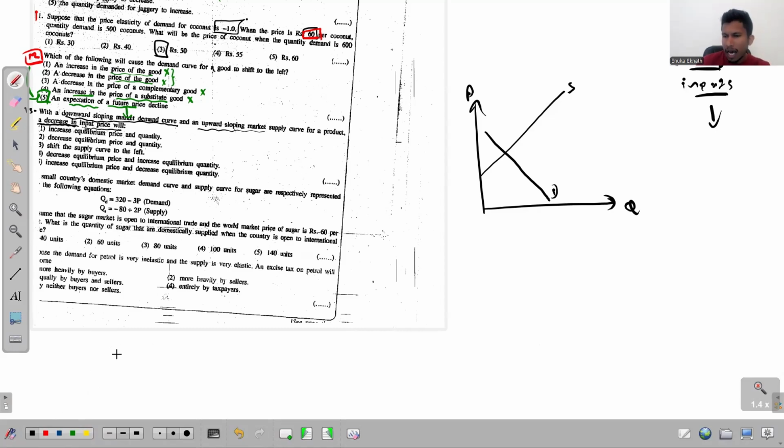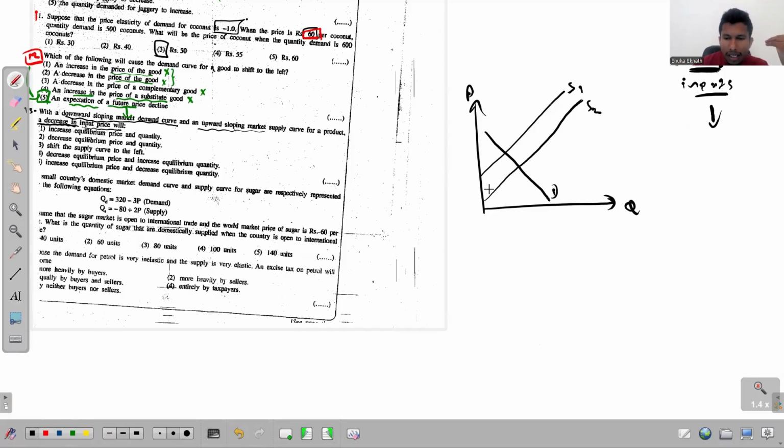But here, according to this question, another determinant of supply, a determinant other than the current price, changes. Now what is that determinant? Cost of inputs. When cost of inputs decreases, what happens to the supply? Supply should increase. This has to be the first supply curve, and this is the second supply curve.